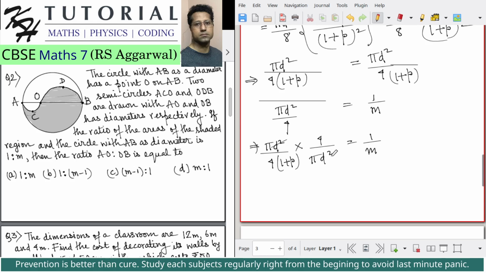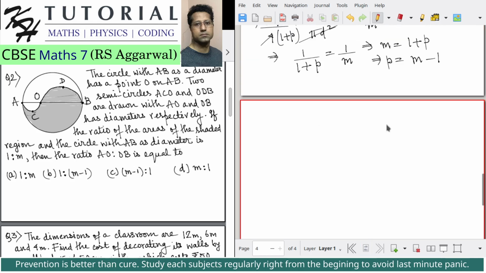So pi d square cancels out, 4 cancels out. So this implies that 1 by (1 plus p) is equal to 1 by m. If I do cross multiplication, I have m is equal to 1 plus p. So p is equal to m minus 1.